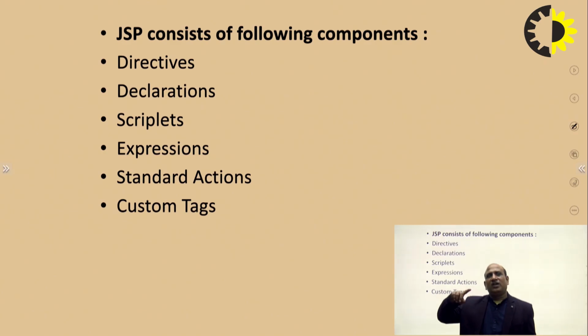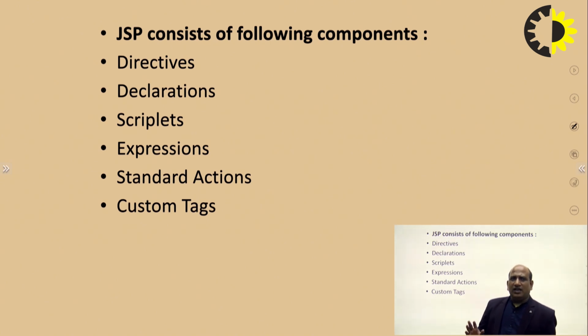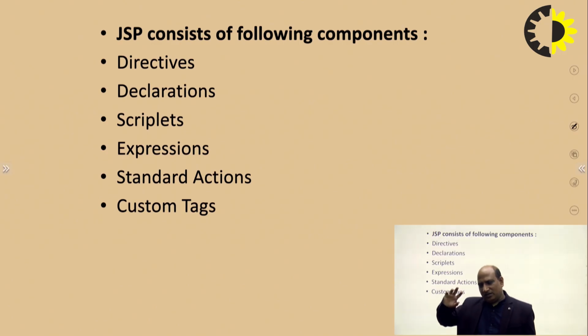Same as we have learned in C language as preprocessor directives. In a similar fashion, whatever directive tags we use in JSP are just directions given to the JSP engine, because the JSP page executes its life cycle in the JSP engine.